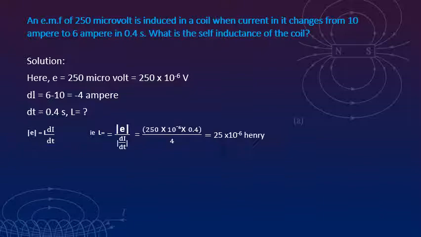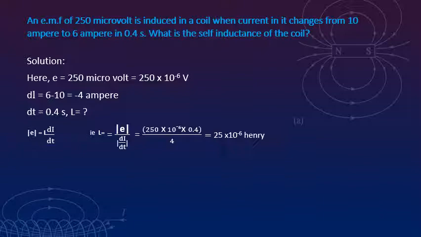We are asked to calculate the self-inductance capital L. So we can use the formula modulus of induced EMF E is equal to L into modulus of di by dt, or L is equal to modulus of induced EMF E divided by modulus of di by dt.